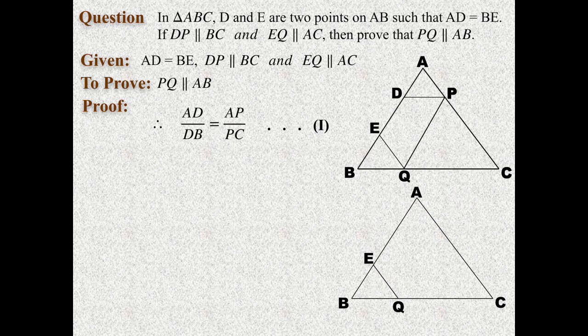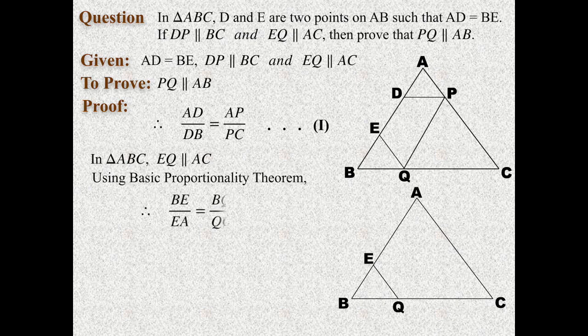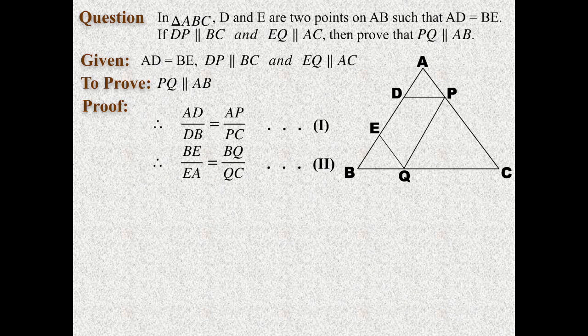Now in the same triangle, if we consider EQ parallel to AC and use basic proportionality theorem, we can write BE upon EA is equal to BQ upon QC and name it as result 2. Now one more condition is given in the question, AD equals BE.